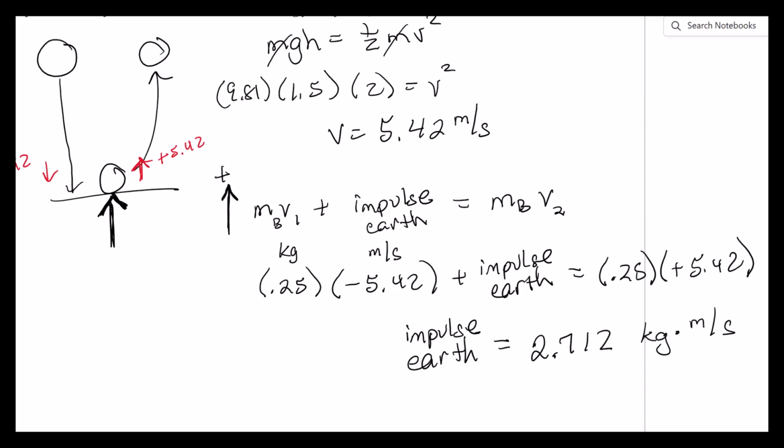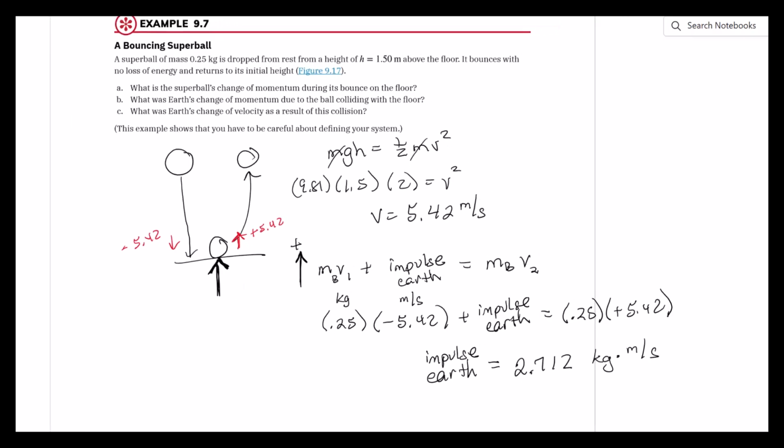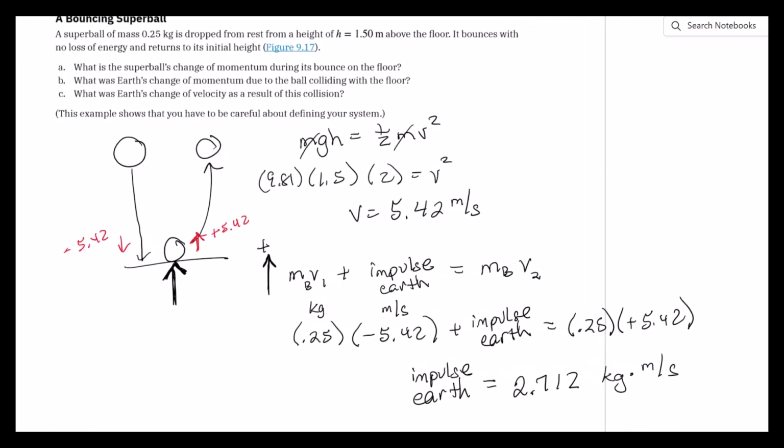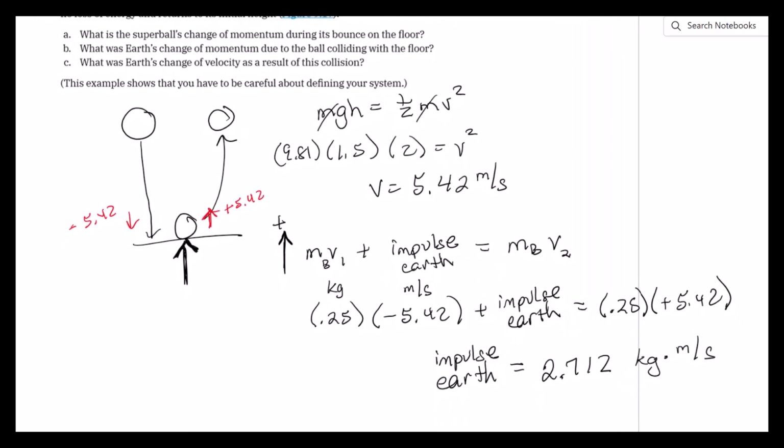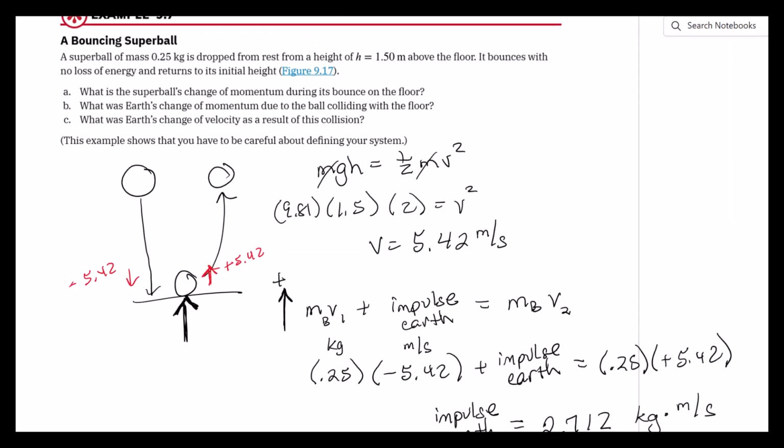Okay, so I guess that makes sense. Okay, so its change in momentum went from negative to positive. Because it started out with a negative momentum and it ended up going positive, it had a positive change of momentum of 2.71.